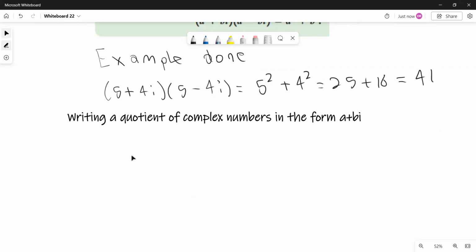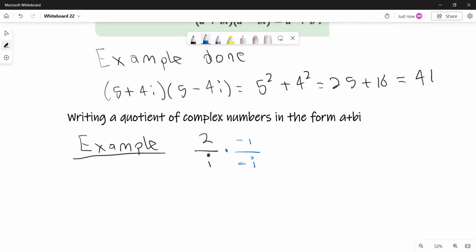Okay, you have something like this, so all we need is the conjugate of the denominator. If we have something like 2 divided by i, the conjugate of i is going to be the opposite of i.